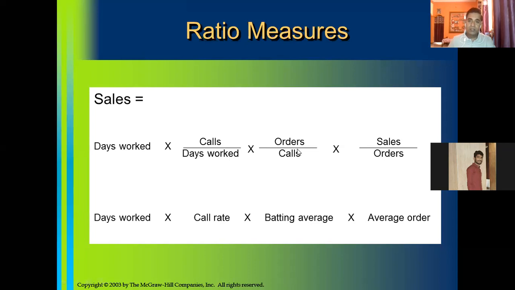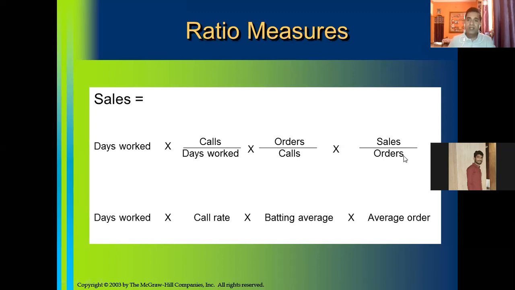So orders divided by calls will give you the batting average. Number of customers visited, or calls, divided by days worked shows the efficiency of the sales rep.